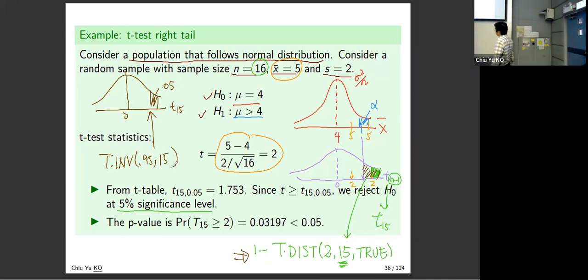Now, let me show you the T table again. Make sure that you know what to do, because that is something important.